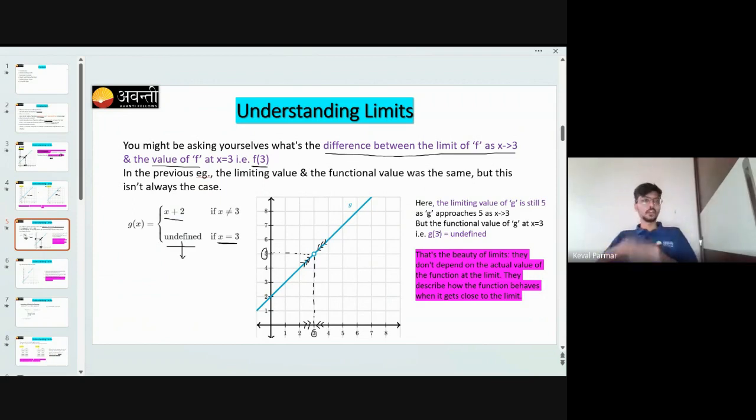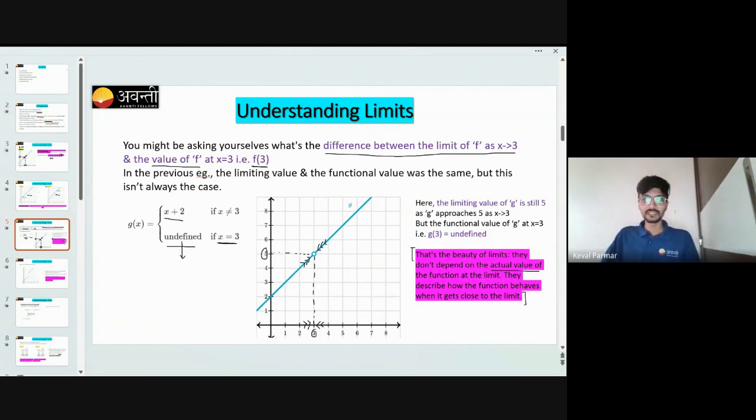It is not always possible that the limiting value and functional value will be the same, but sometimes they can be the same. So that is a very beautiful statement I would like you all to read. That's the beauty of limits. Limits is a very beautiful, very interesting chapter. They don't depend on the actual value of the function.